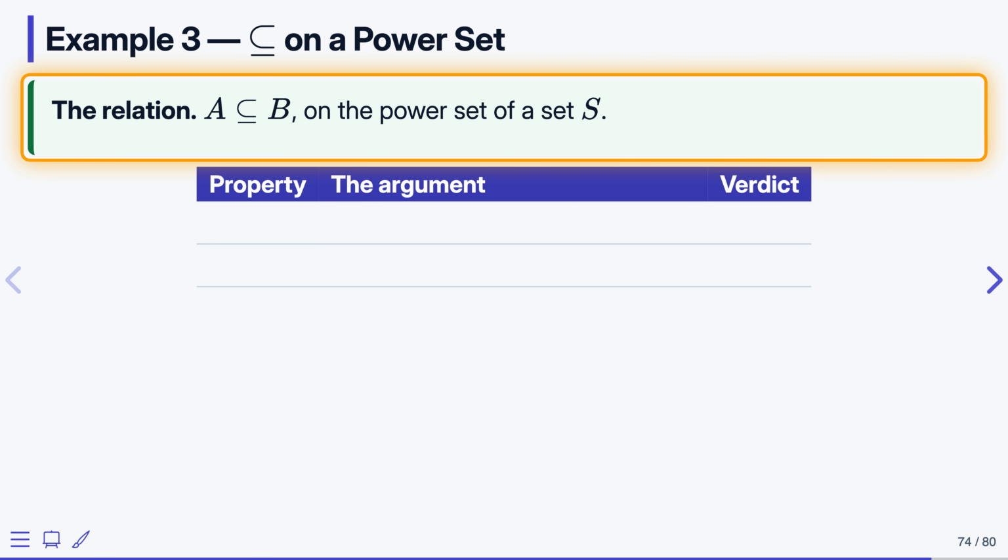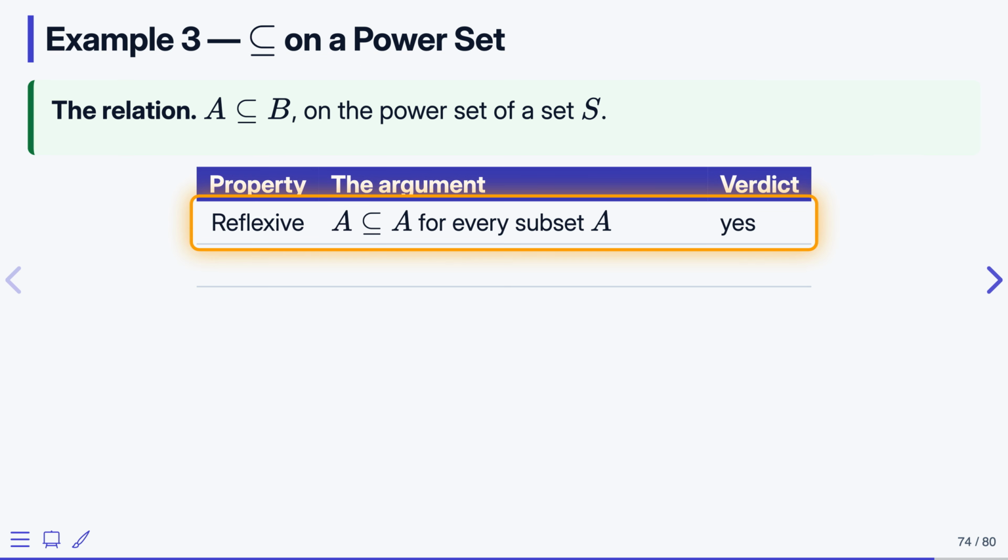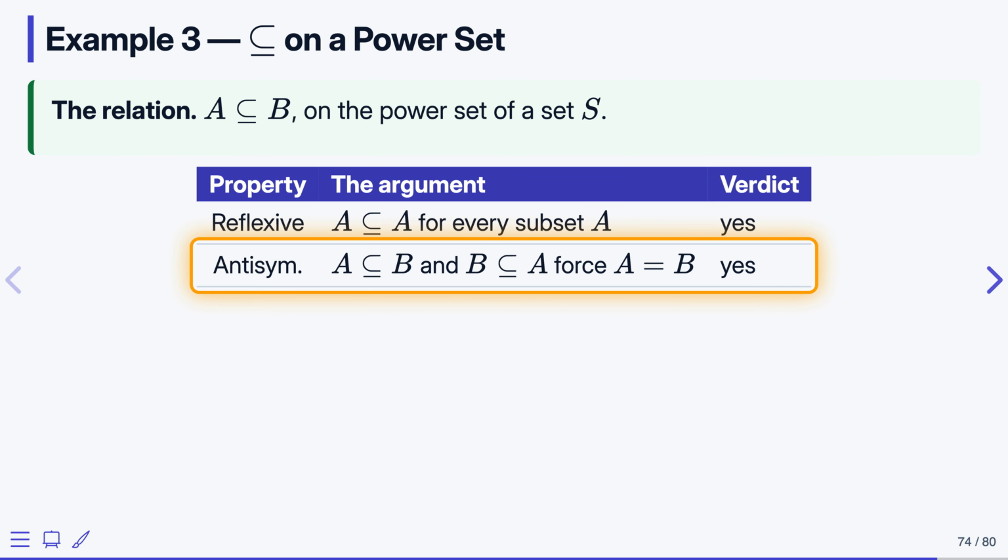Now a third example. Take the subset relation on the power set of a set S, as the power set is the collection of all subsets of S. Reflexive. Is every set a subset of itself? Yes. Every element of A is an element of A. Antisymmetric. Suppose A is a subset of B, and B is a subset of A, then the two sets have exactly the same elements, so they are equal.